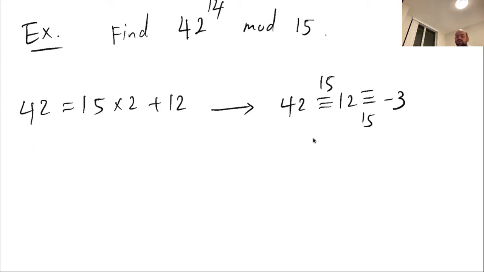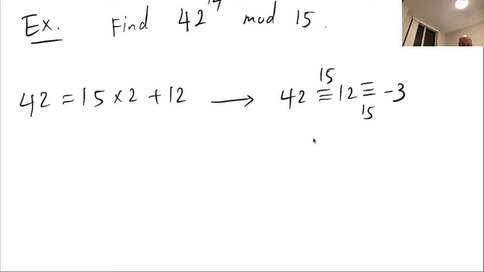So instead of 12, I can replace it with -3, and it's easier to find powers of -3 because 3 is a smaller number compared to 12. So 42 to power 14 mod 15 is congruent to -3 to power 14.